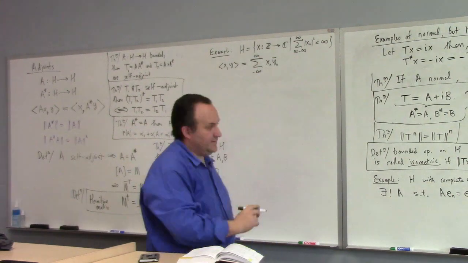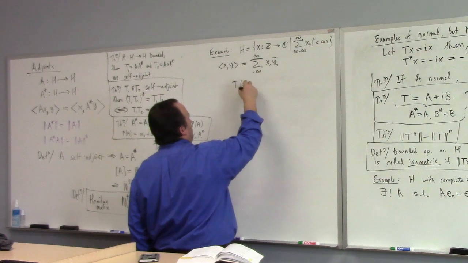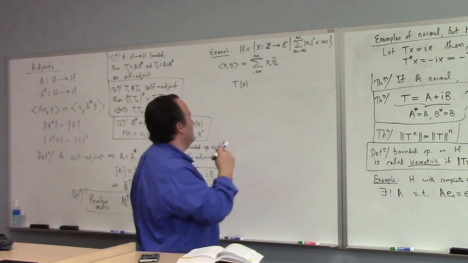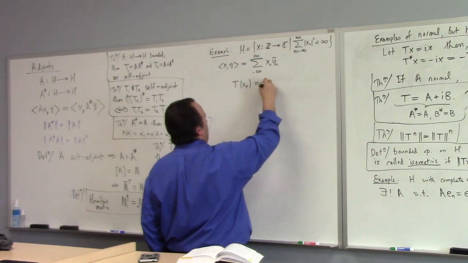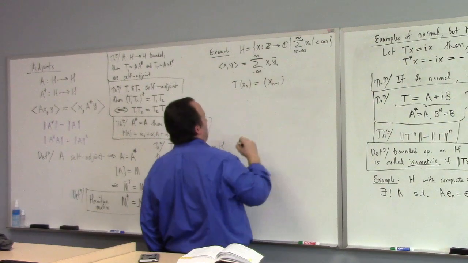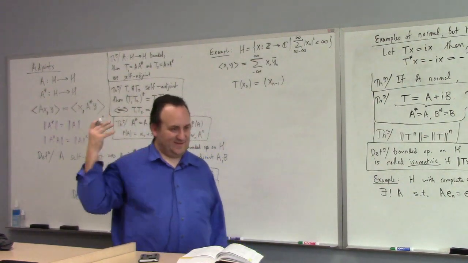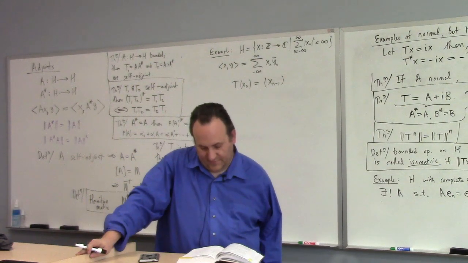And so he defines T of x, using the notation T of x n equals the sequence x n minus 1. So it's an infinite shift.